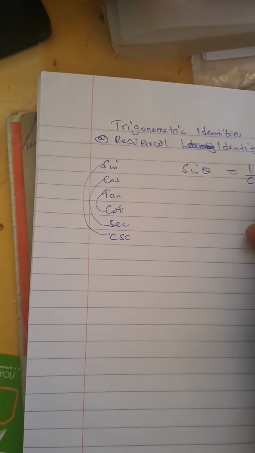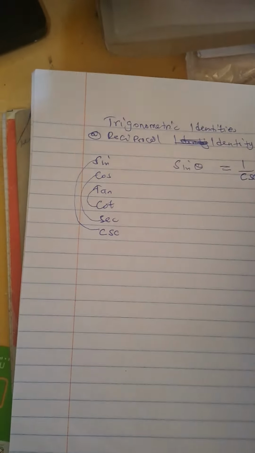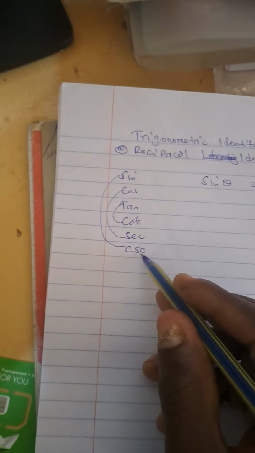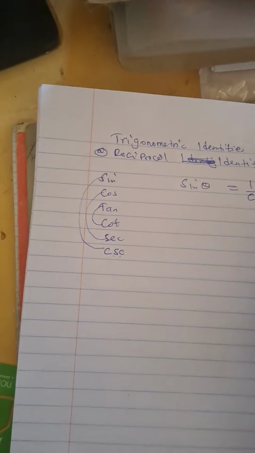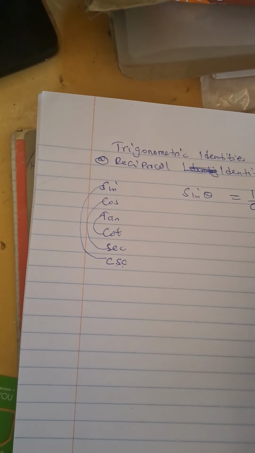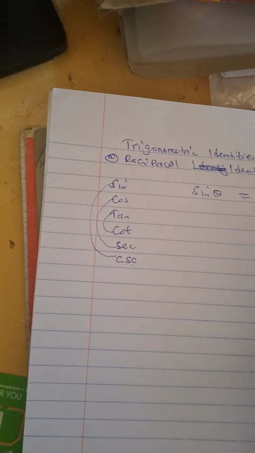Or if you begin with the cosec, then it will be cosec theta is equal to 1 over sine theta. So that is what I want you to understand.